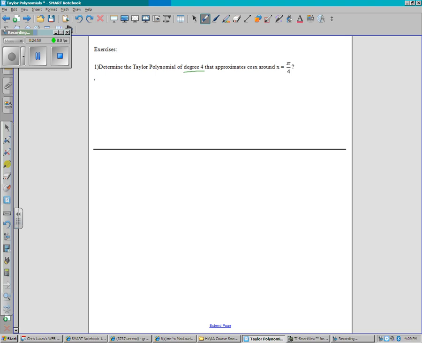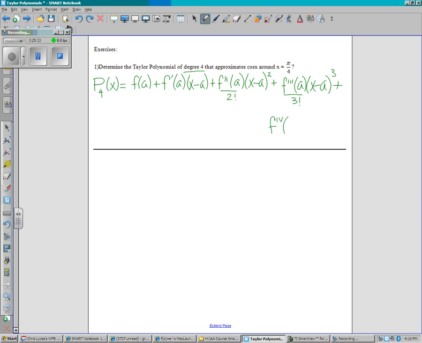Now the Taylor polynomial of degree 4, I like to write out the terms, is equal to f of a, plus f prime at a times x minus a, plus f double prime at a times x minus a squared over 2 factorial, plus f triple prime at a times x minus a cubed over 3 factorial, plus the fourth derivative of f at a over 4 factorial times x minus a to the fourth.